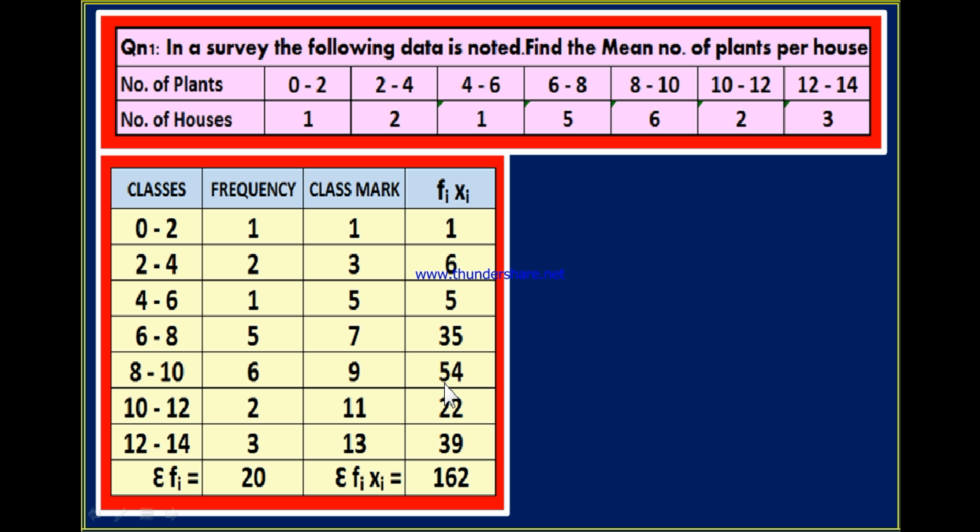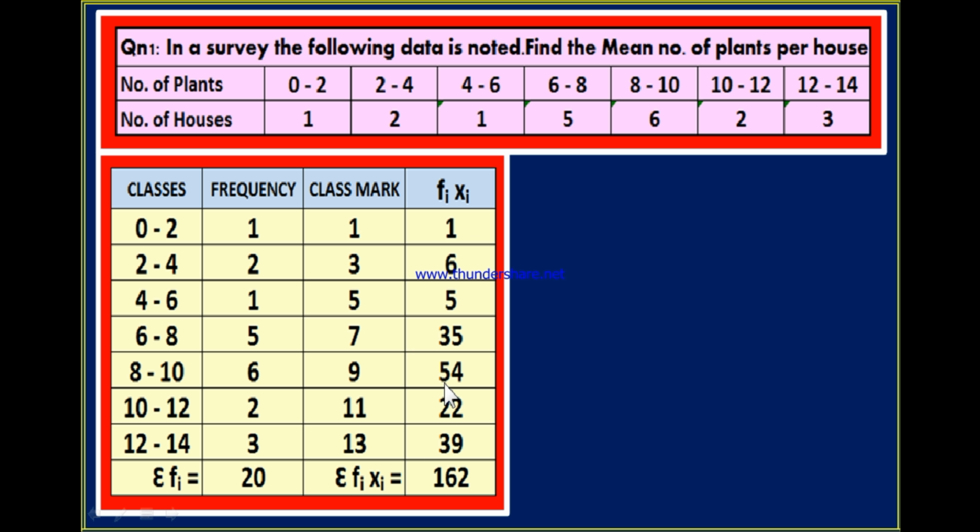You can consider any value out of these as a, but I took the middle class mid value as a. Later, deviation di is equal to xi minus a. Here x stands for mid value and a is for assumed mean. a is 325, it is a fixed value.